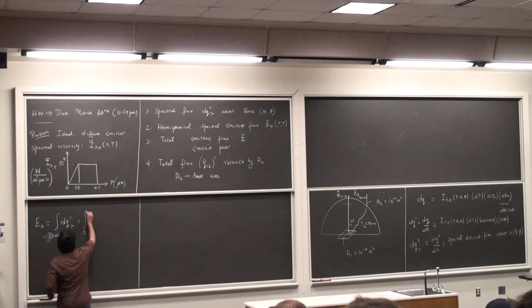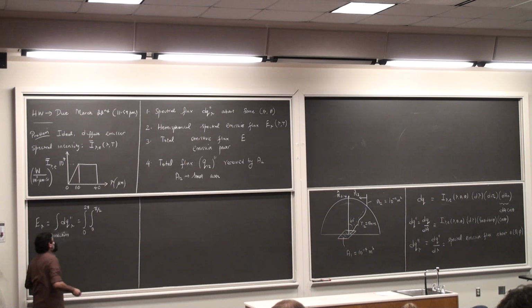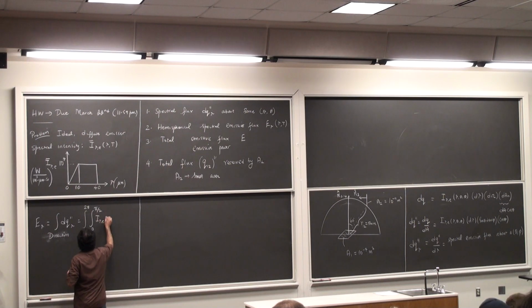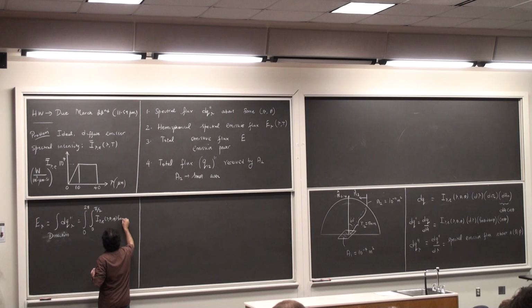So this is 0 to 2 pi, 0 to pi by 2, I lambda,e of lambda, theta, phi, sine theta cos theta d theta d phi. Okay, so this is the second one that we are defining here, the hemispherical spectral emissive flux.